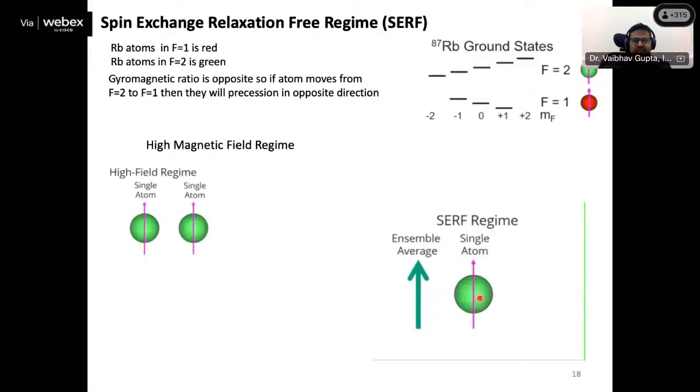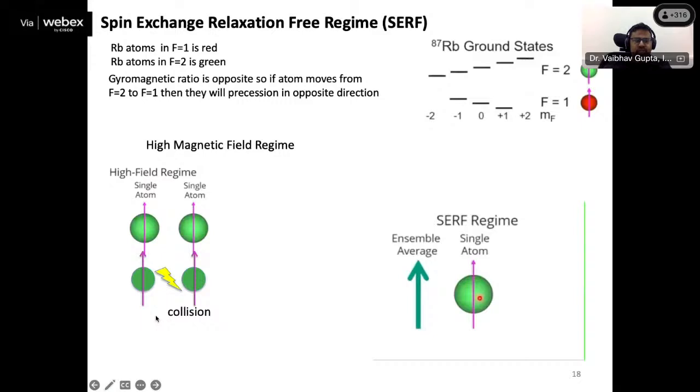Okay, let's now first discuss when we have a high magnetic field. In case of a high magnetic field, if two atoms both were sitting in F2, denoted with green color, and their spin is up, and they are doing this kind of precession, they are moving in a clockwise direction.